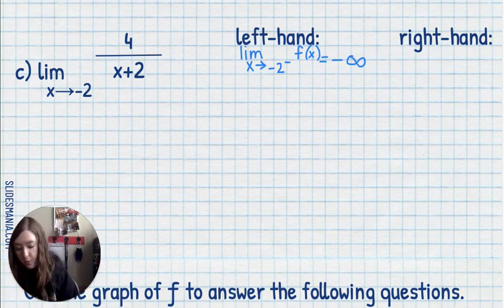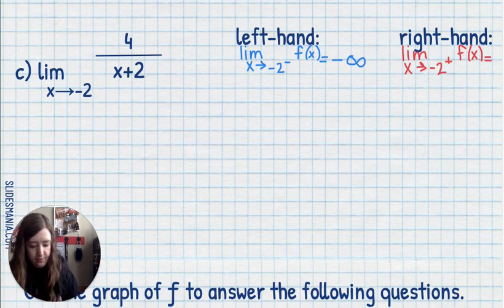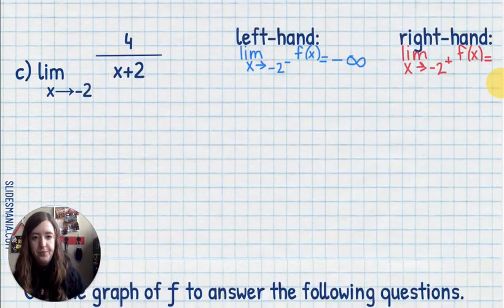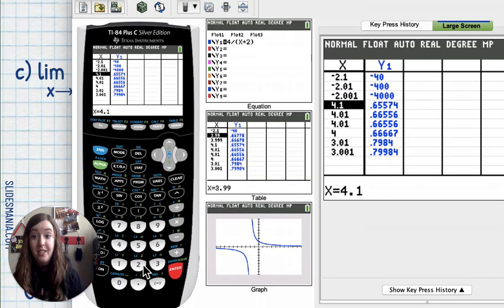Now let's look at the right-handed limit. So we have the limit as x approaches -2 from the right of f of x. So now we're going to plug in values that are a little bit bigger than -2. So -1.9.